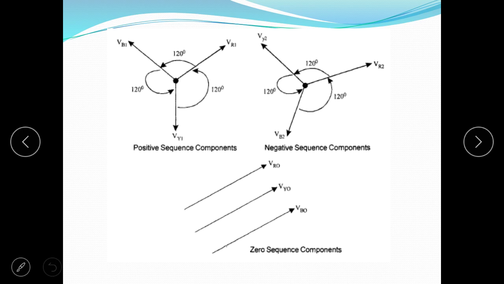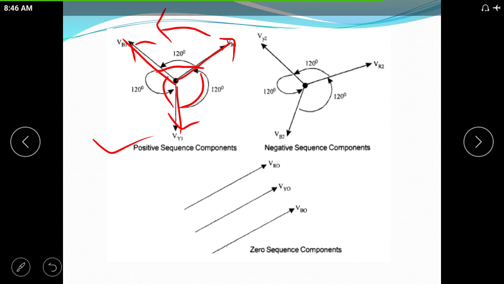Now the phasor representation of sequence components. First, in the positive sequence component, the positive sequence voltage of phase R is VR1, of phase B is VB1, and of phase Y is VY1. There is a phase displacement of 120 degrees between two phases, and the direction of rotation is taken as anti-clockwise.